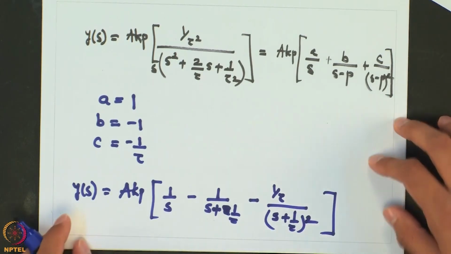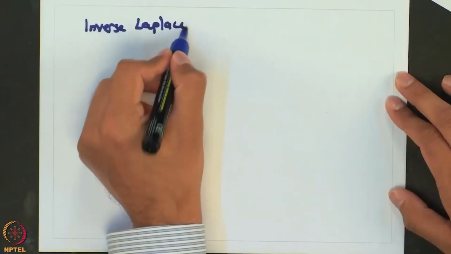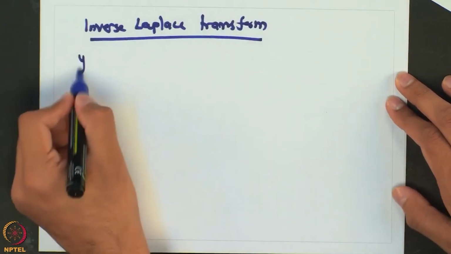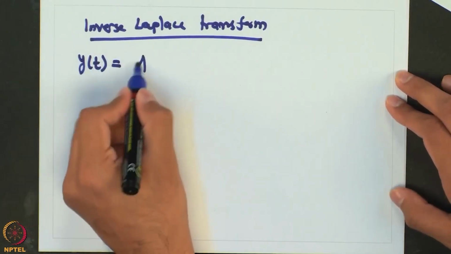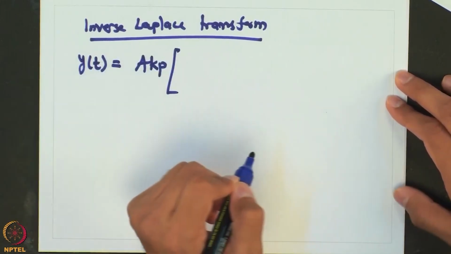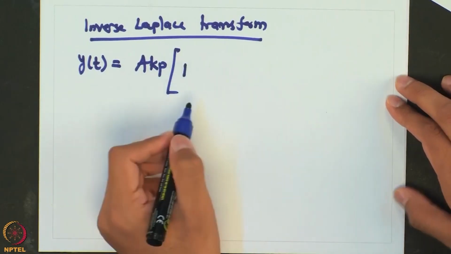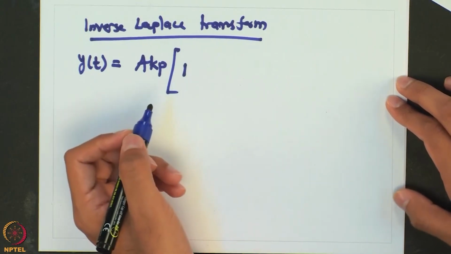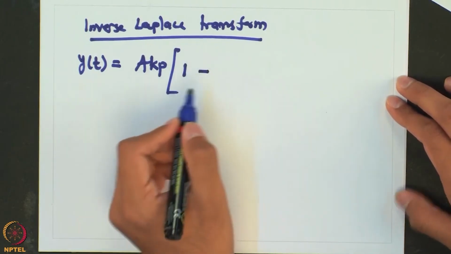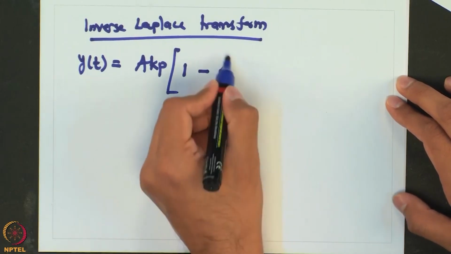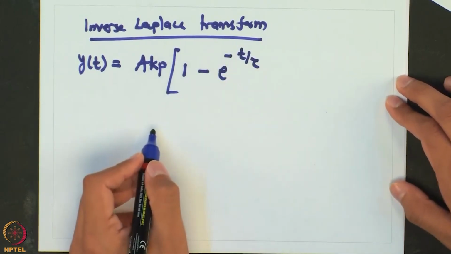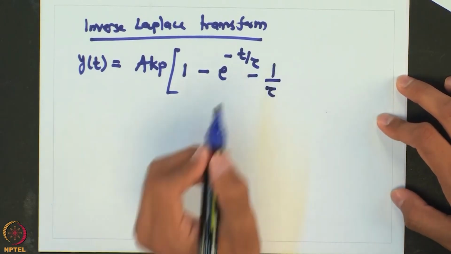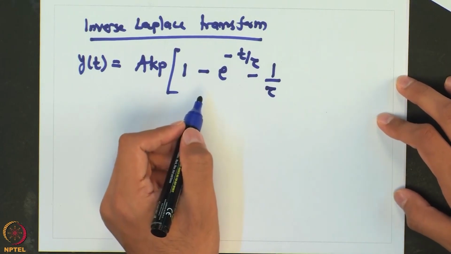And now we can take a Laplace inverse of this to get y(t), which will be AKp times the Laplace inverse of 1 over s, which would be a constant 1, and then the Laplace inverse of 1 over s plus 1 over tau will be an exponential term, so minus e raised to minus t over tau, and the last term is minus 1 over tau times 1 over s plus 1 over tau square.